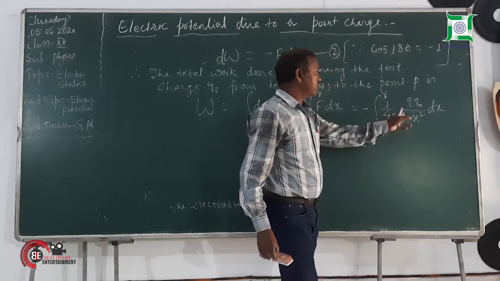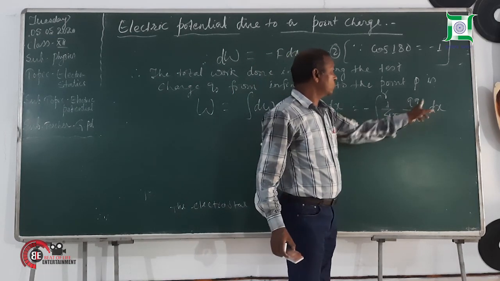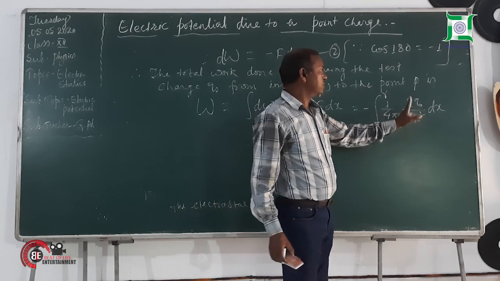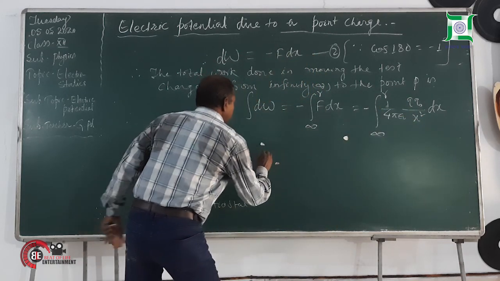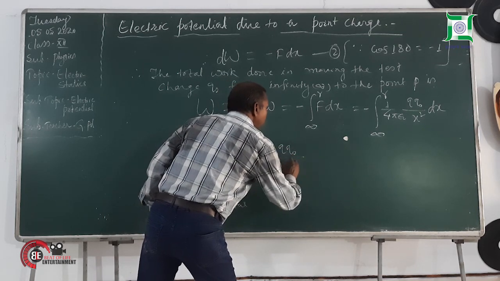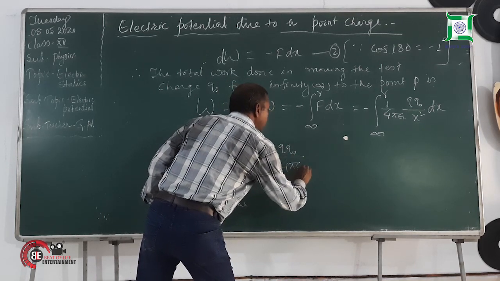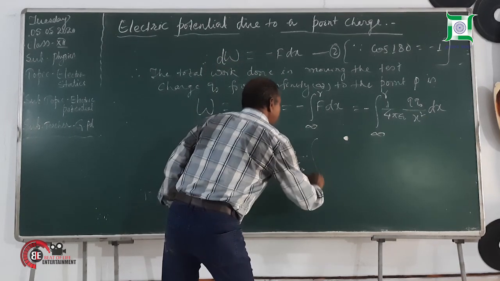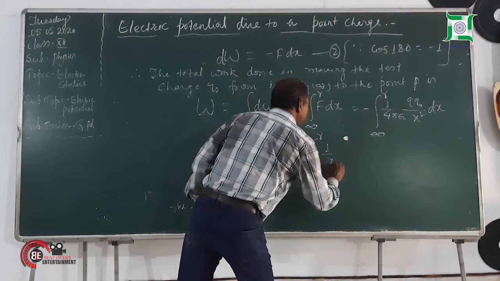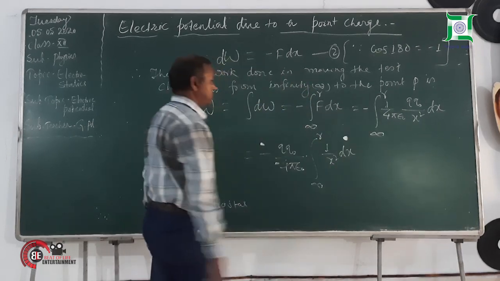This whole Q naught upon 4 pi epsilon naught is a constant term, so we can take it common. This will be equal to minus Q naught upon 4 pi epsilon naught, integration from infinity to r of 1 upon x square dx.